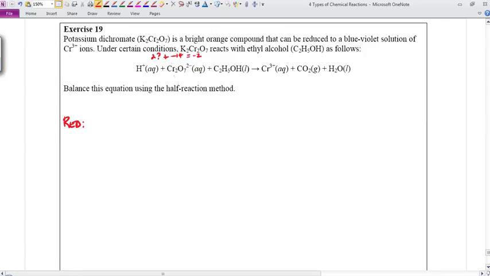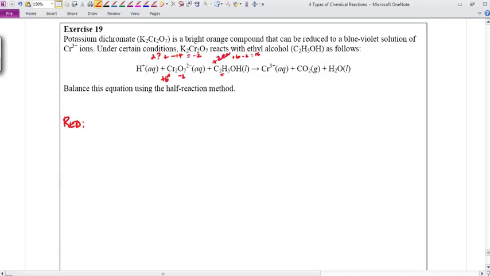So I need a total of -12 charge, so that means these are +6 each. So let me do it at the bottom. These are -2, and these are +6 each. All right, then I know that I've got +6 going on over here with these hydrogens, and then a -2 with the oxygen, which leaves me with a +4, but that's split over 2 carbons, so they are +2 each.